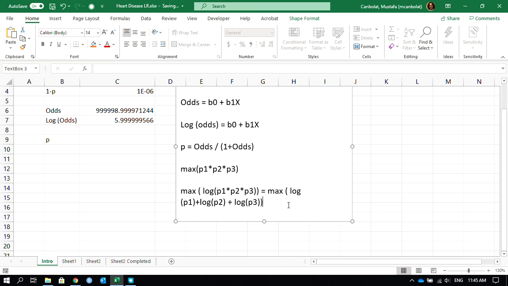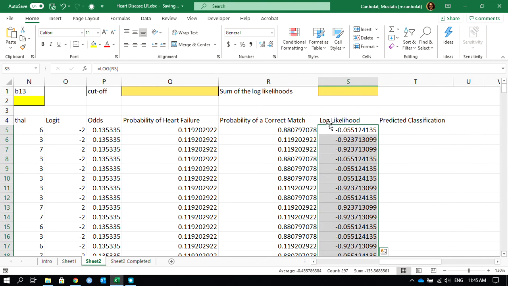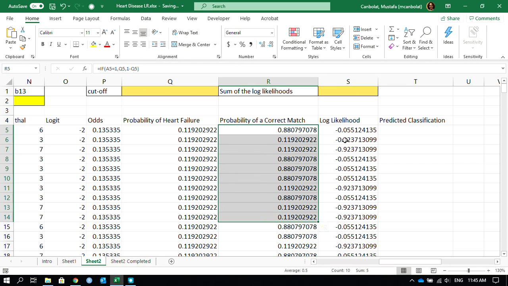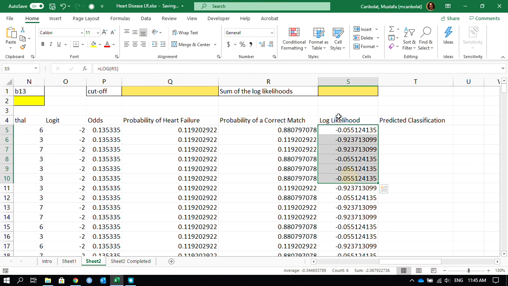Why is this the case? Because log of A times B is equal to log A plus log B. That's the property, the word that I wasn't able to remember. So instead of maximizing the multiplication, we will just maximize the sum.